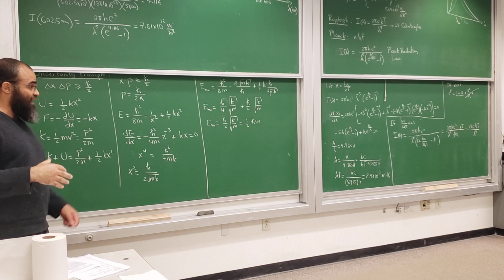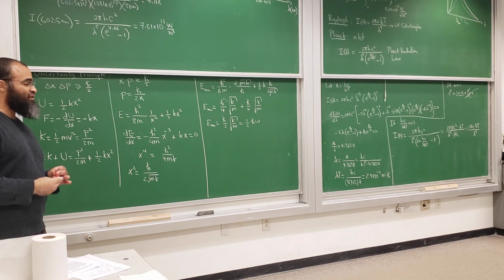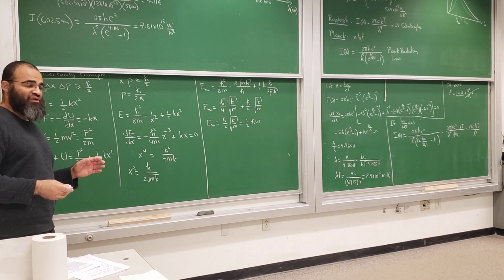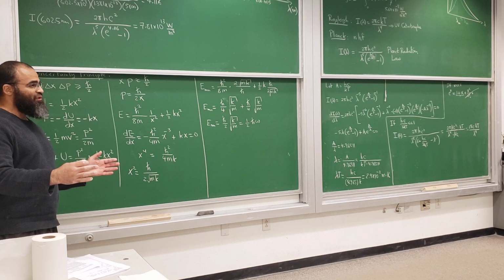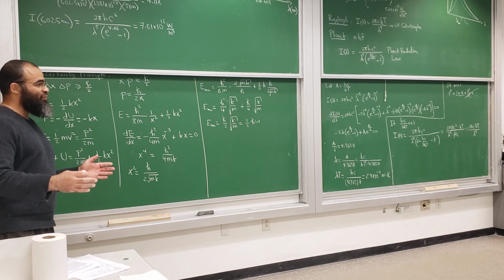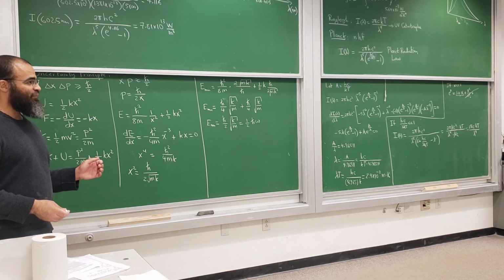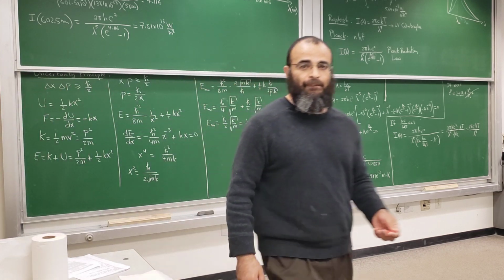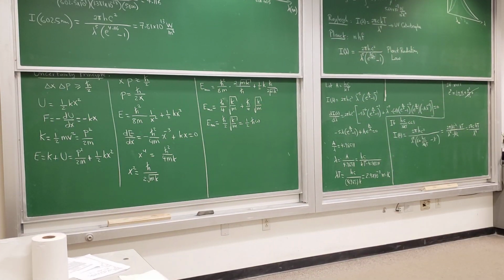And then you add more and more layers of sophistication to it. And that's exactly what we're going to do. We're going to introduce this Schrödinger equation, and then we're going to apply it to simple problems, and get familiar with how to use it. Okay. So we're going to do that next time.